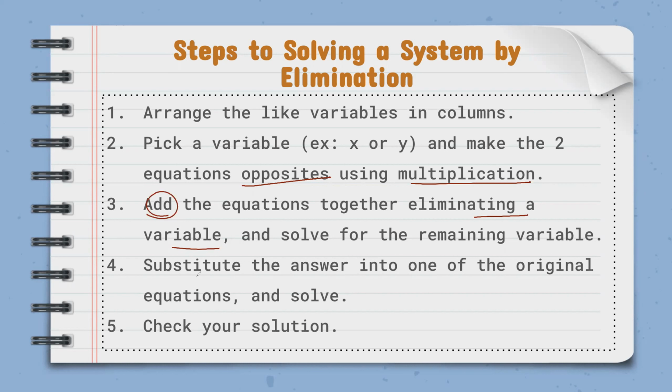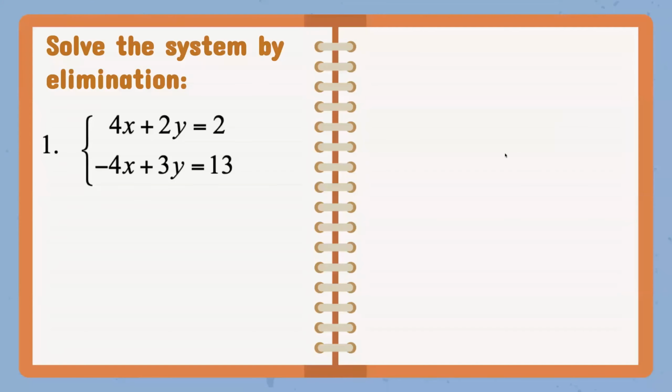Lastly, you're going to want to substitute the answer into one of the original equations and solve for the other variable. So for instance, if you solve for x first, you're then going to plug that into one of the original equations and solve for y. And then last, you always want to check your solutions if you have the time to ensure that you did not make any mistakes. So let's go ahead and start.